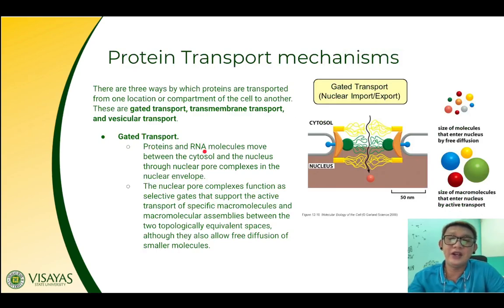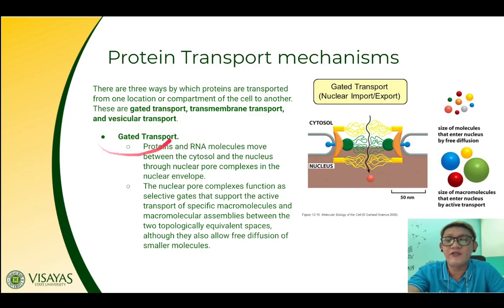As we said earlier, there are three ways by which proteins are transported from one compartment of the cell to another. What are these three mechanisms? They are gated transport, transmembrane transport, and vesicular transport.